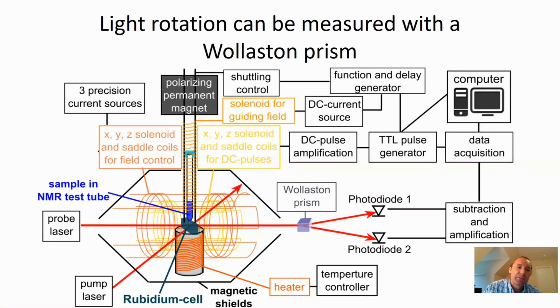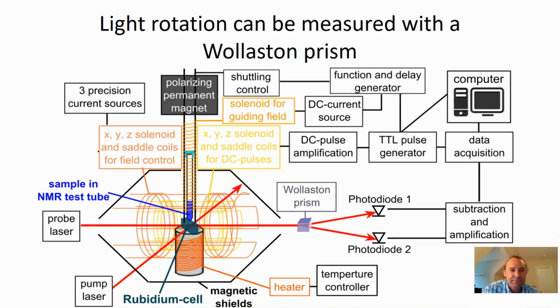Once the sample arrives in the zero field region, it is no longer influenced by that magnetic field, but it is polarized, and that polarization lasts on the order of T1, which is on the order of a few seconds. So we have to shuttle the sample down within a few seconds, ideally faster, maybe just hundreds of milliseconds, and then we can do the detection of the NMR.